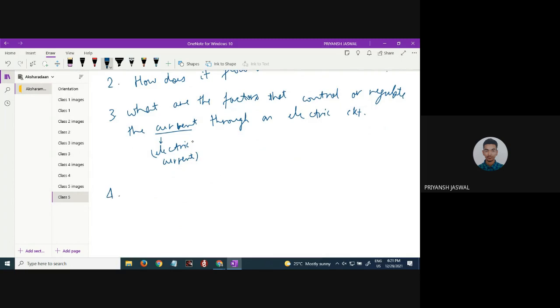And one more is that we'll also look into the heating effect of electric current and its applications.